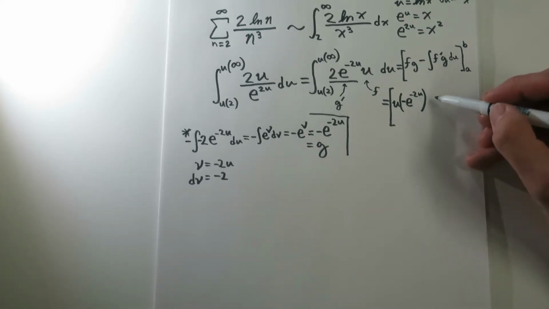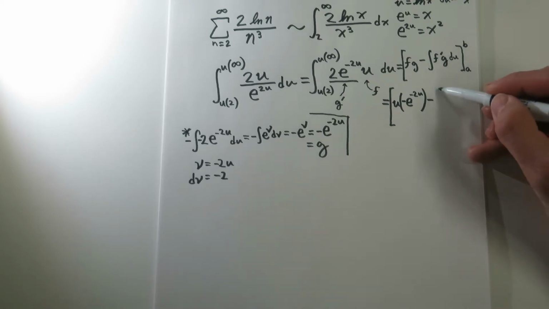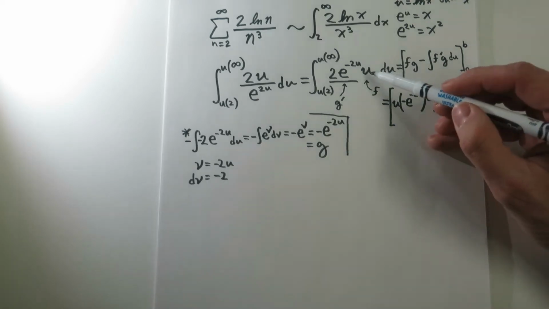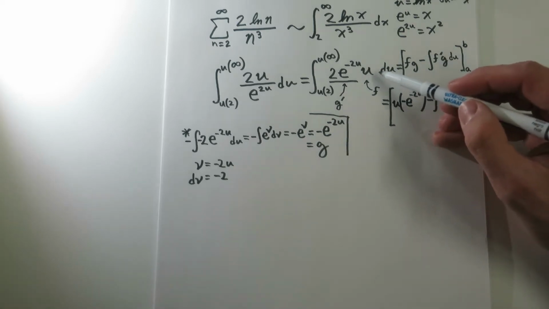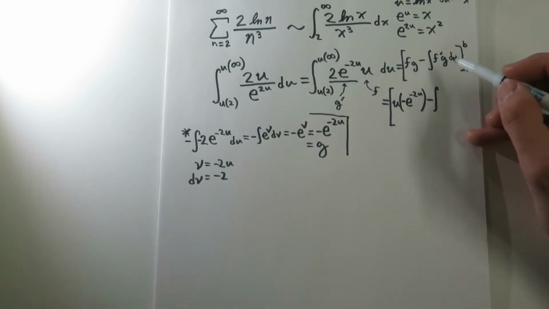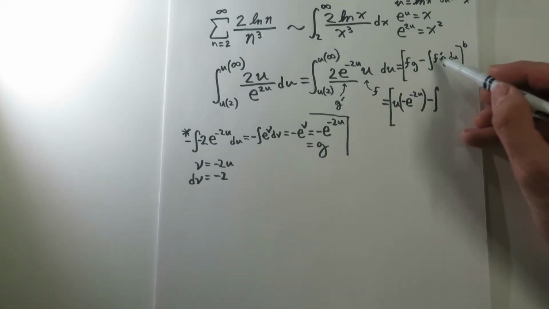And here we're going to subtract the integral of f prime. Well, f prime, if f is u, then the derivative of that is just going to equal 1. So inside of this integral here we just have g.